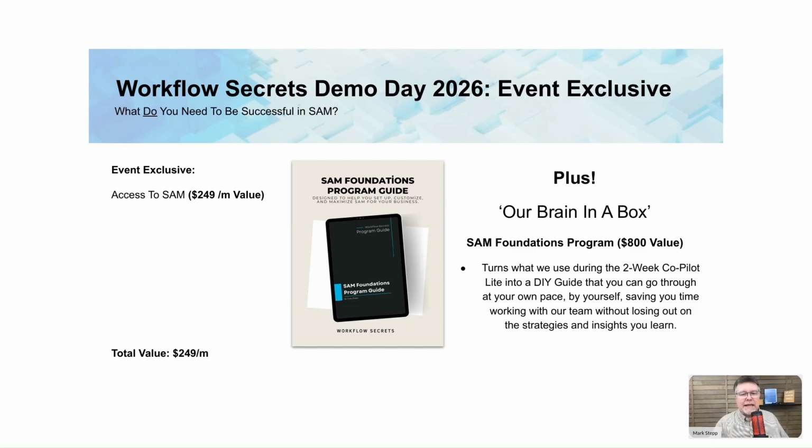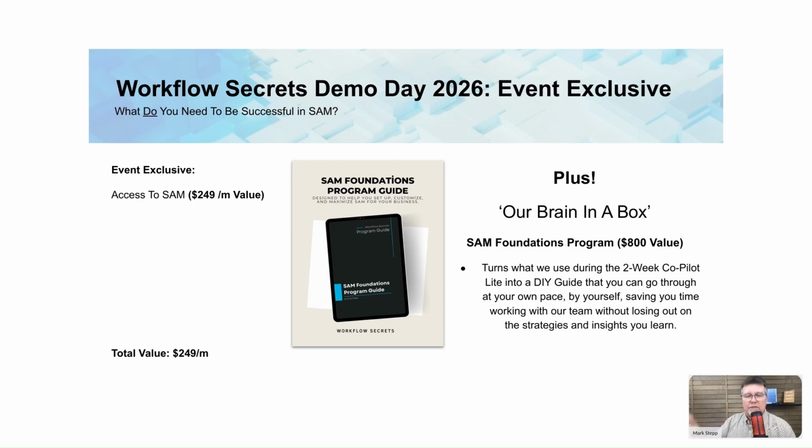So what we've done is we've put together what we call the SAM Foundations Program Guide. If you were to look into our brain and analyze what we were going to be going over those 2 weeks, that's what's contained in the foundation guide.